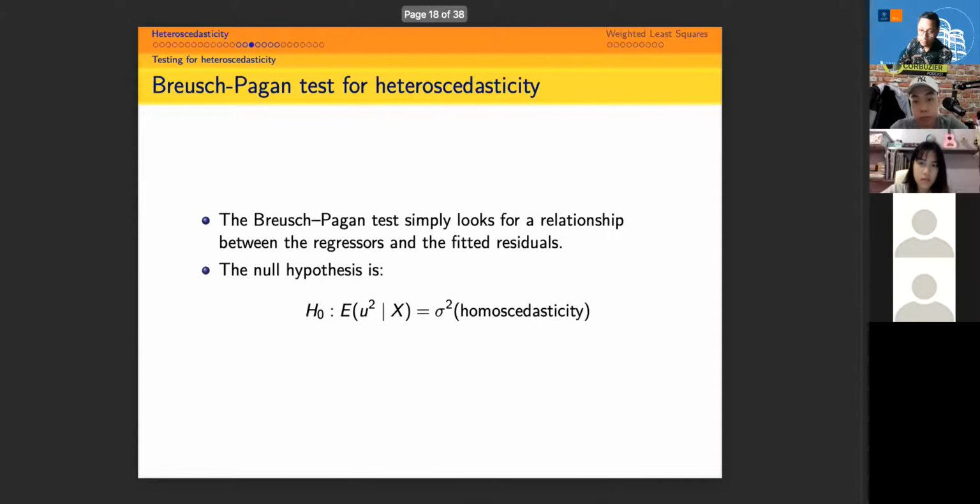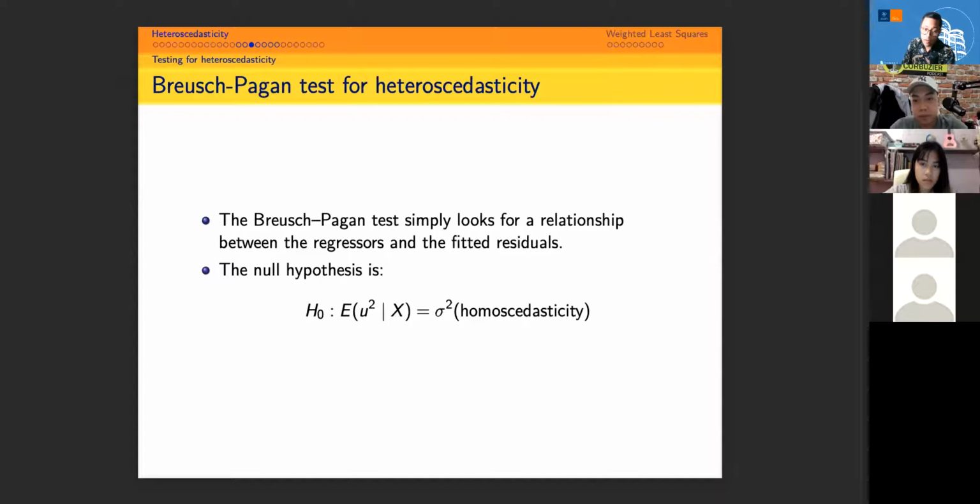The first test that we're going to learn is called the Breusch-Pagan test for heteroskedasticity. The Breusch-Pagan test simply looks for a relationship between the regressors and the fitted residuals.